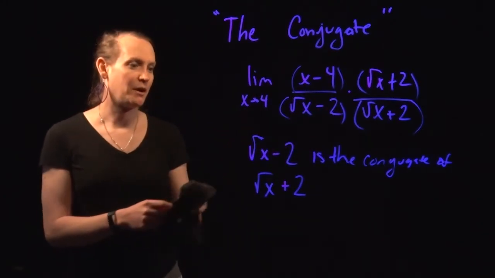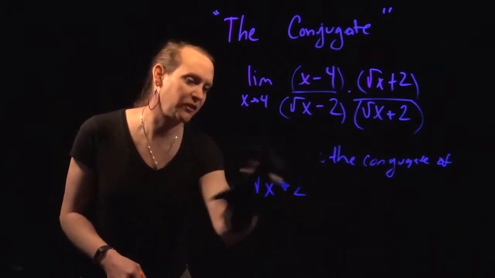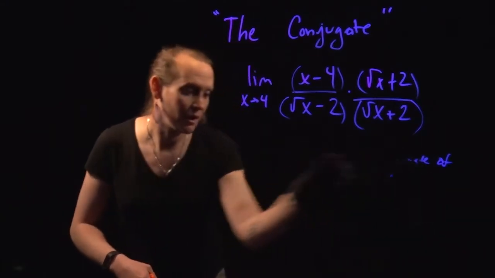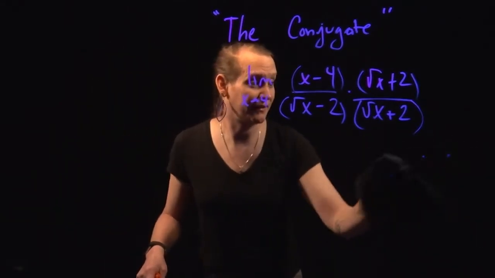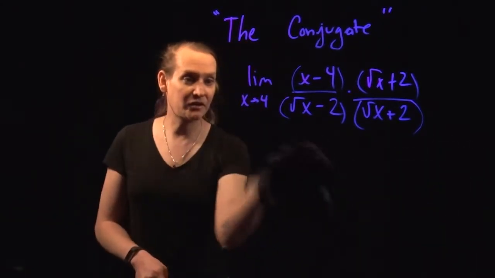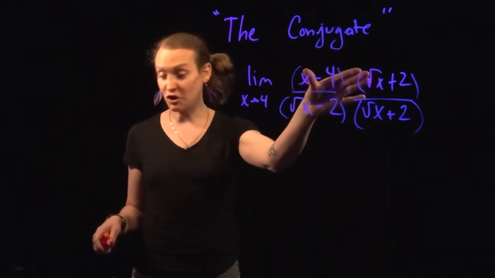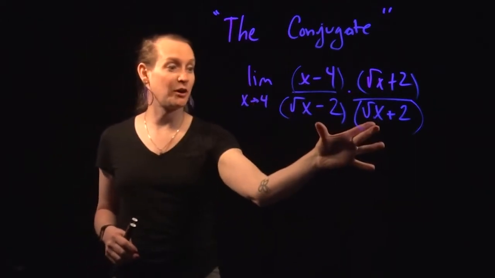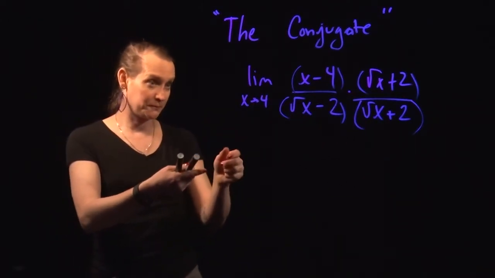Okay. So I want you to observe what the next step in this calculation would be when we're doing this limit with this indeterminate form, applying our algebraic techniques to solve it. The next step for me would be to leave the top alone. And the reason is that this right here is going to turn into x minus 4.